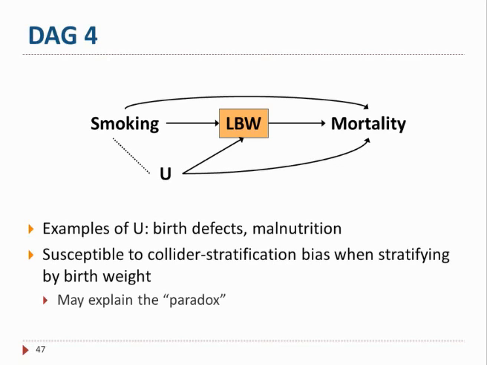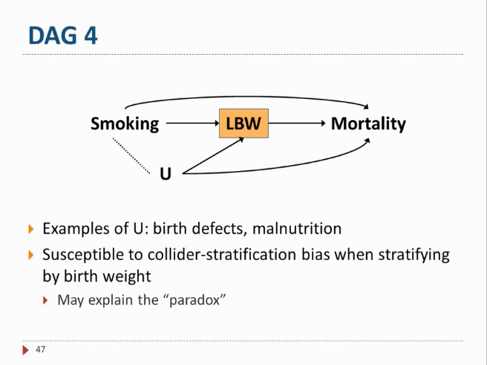So here is a case where when we adjust for a variable, if we think that there's more going on here, that there's a factor that affects birth weight and mortality, which it's very reasonable to think that there are other factors at play here. When we adjust for low birth weight, we end up biasing our association instead of it actually helping us out to adjust.